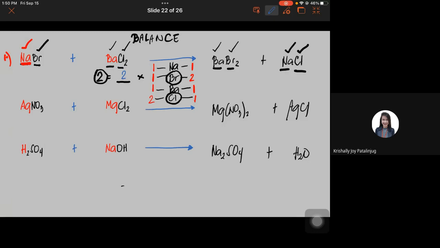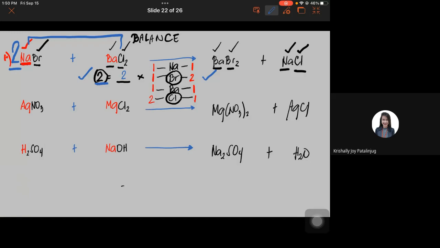Now look at the reactant side. Where is bromine on the reactant side? It is part of sodium bromide. So meaning to say, you need to write a coefficient of 2 before the chemical formula sodium bromide in order to make bromine equivalent to 2 on the left, on the reactant side. So balanced. Bromine is now balanced.